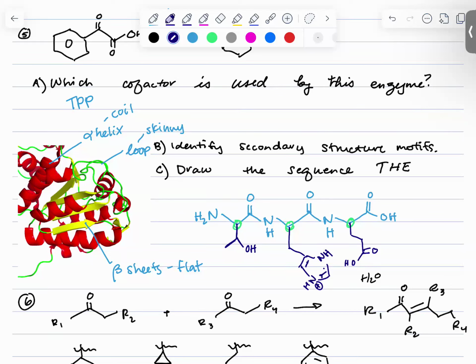When you're hooking together amino acids, you're making peptide bonds. Peptide bonds we recognize as amide bonds. So really what's happening is acyl substitution, where we have these carboxylic acids that are going to do an acyl substitution with the amine from the next one.